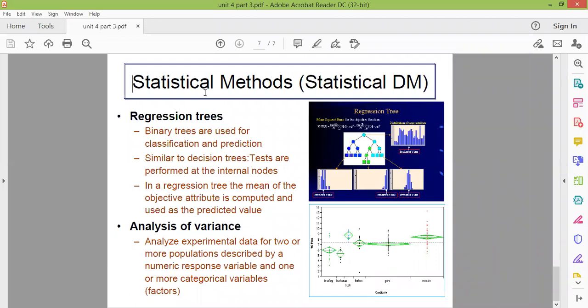So for every point, you will have an initial node. At the node, you calculate the mean, and on the basis of that you further divide the points into other nodes, and those nodes are further divided into other nodes. So the tree grows until we reach the leaf nodes.